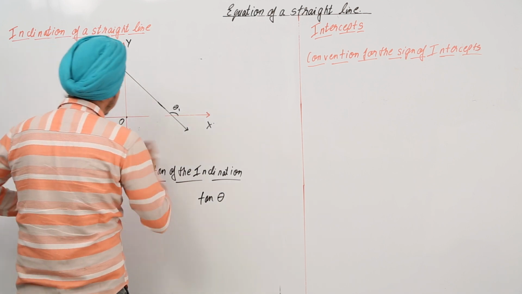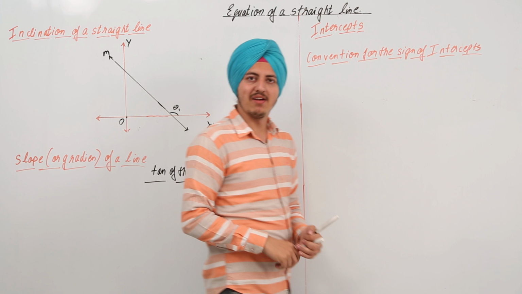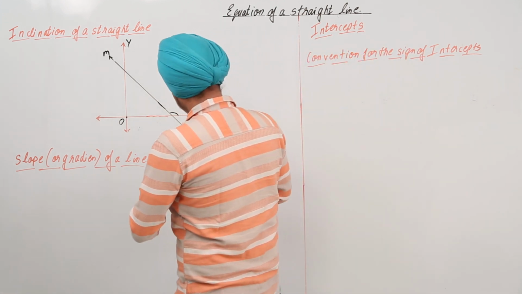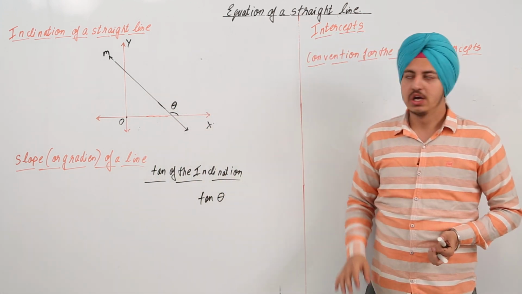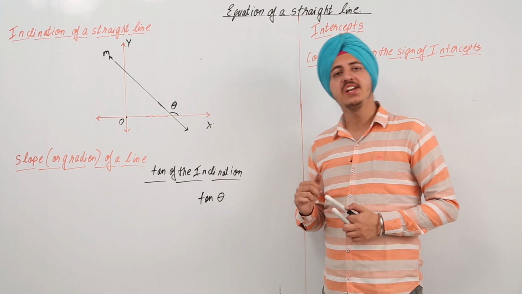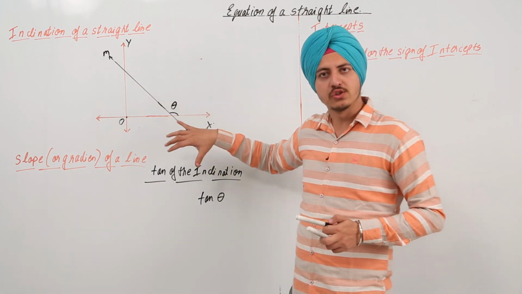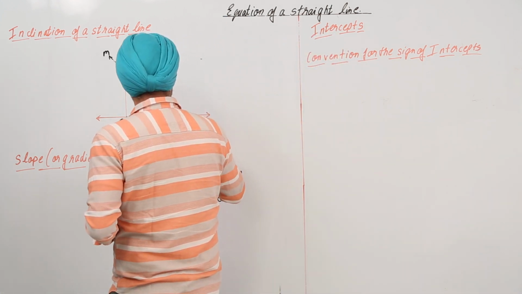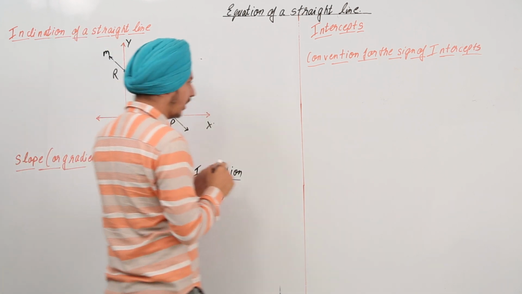Okay, so we have only one line, that is M, and the angle it makes is theta. So the slope is tan theta. Now what are the intercepts? We mark those points at which this line cuts the x-axis and the y-axis. Let's say that this point is P and let's say that this point is R, okay?